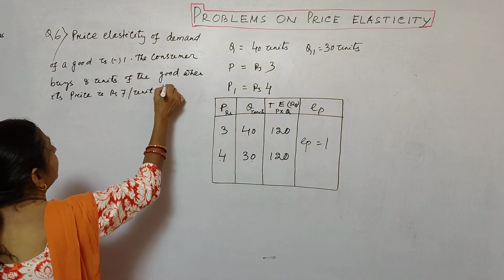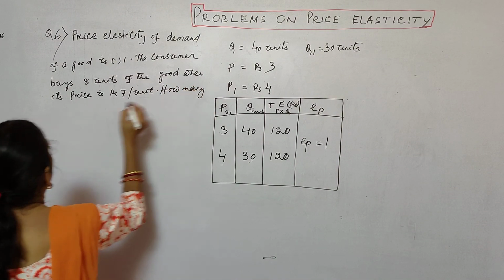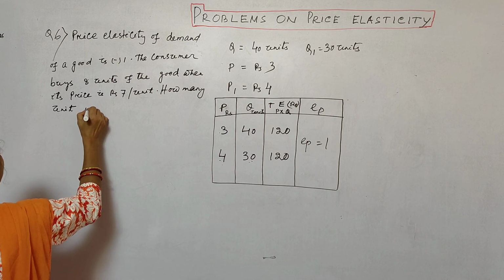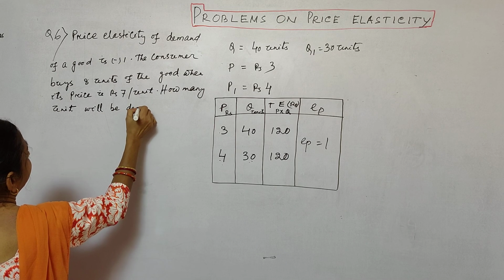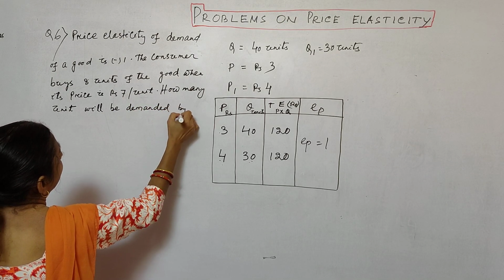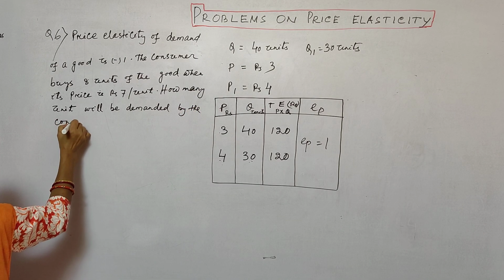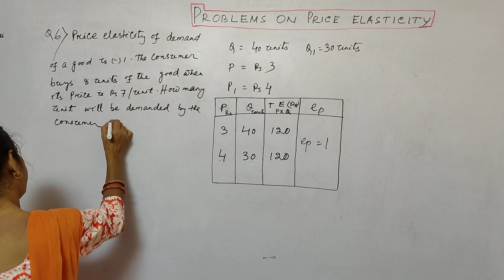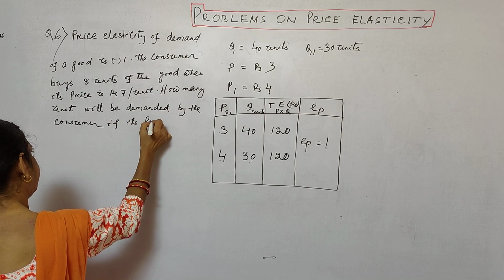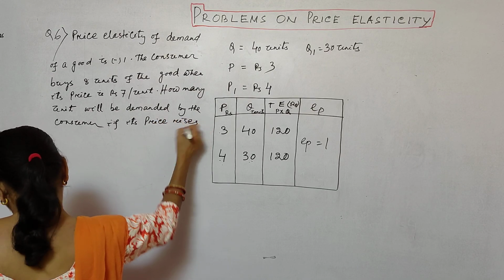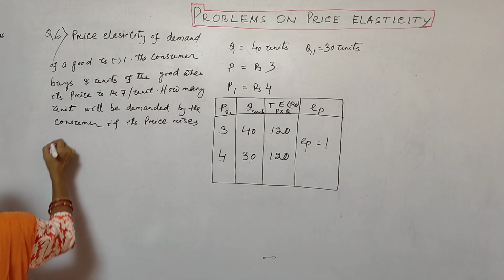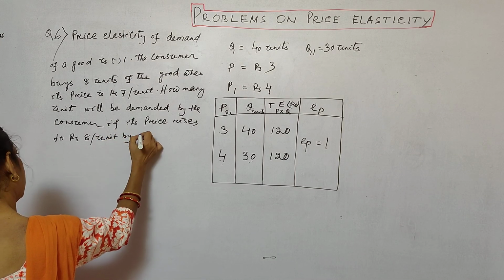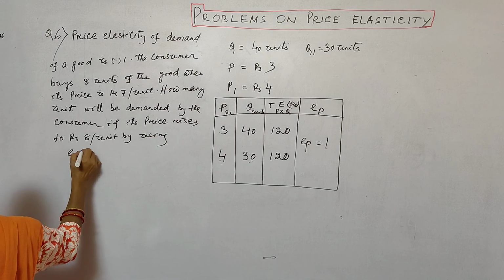How many units will be demanded by the consumer if its price rises to rupees 8 per unit, by using the expenditure method?